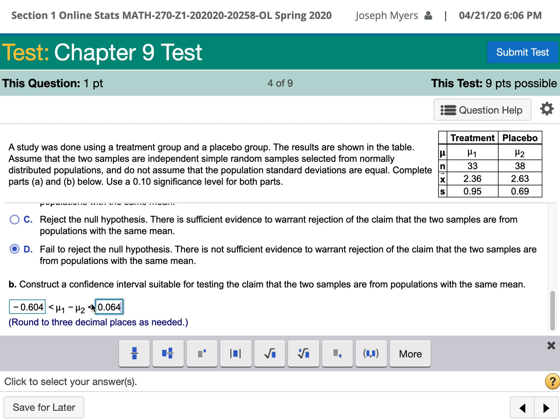So there's no evidence that the two means are different. Just like this says, there is not evidence to reject the claim that they're the same, meaning that there's not evidence to support the claim that they're different.